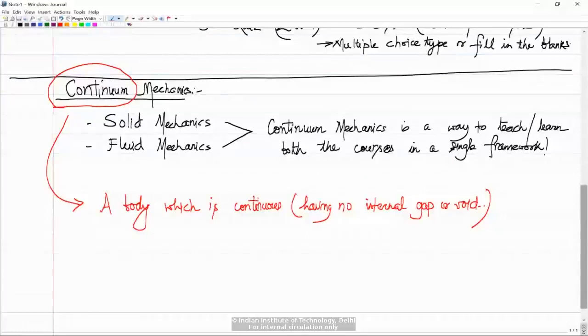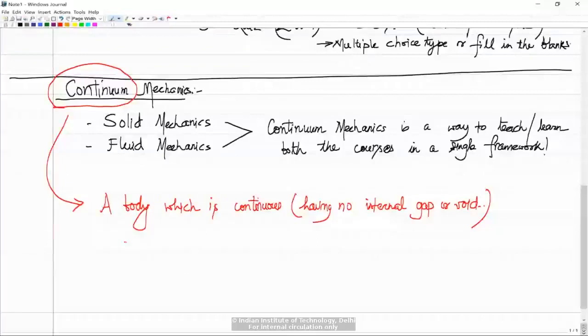But when you put a microscope, an electron microscope, and zoom in at a local region, you start seeing the microstructure. You start seeing the atoms, and you of course also know that any material is made up of atoms. There is, for example, crystal structure at the nanoscale, and between two atoms there is a gap, right? So at that scale, it's all atoms, and it's a discrete material at nanoscale.